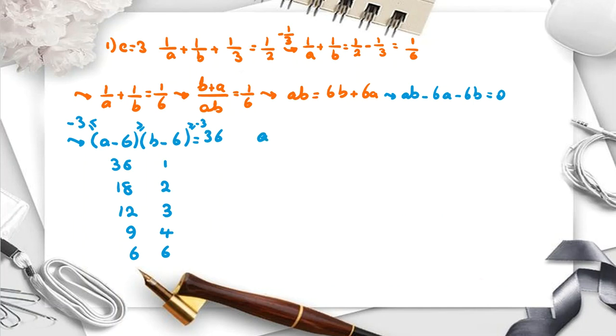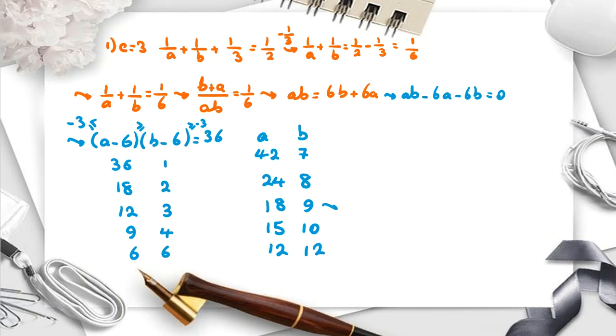Now a minus 6 and b minus 6 cannot be negative numbers, because both of them should be greater than or equal to negative 3. If you add 6 to each of them, we get a equals 42, b equals 7; 24, 8; 18, 9; 15, 10; 12, 12.